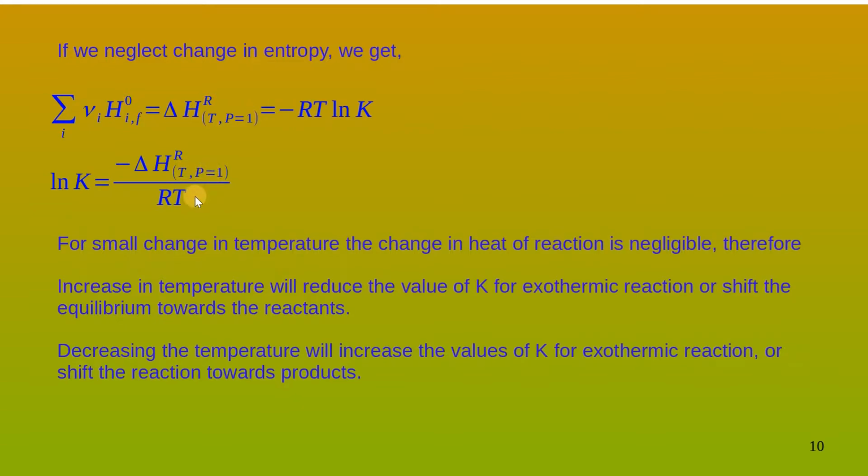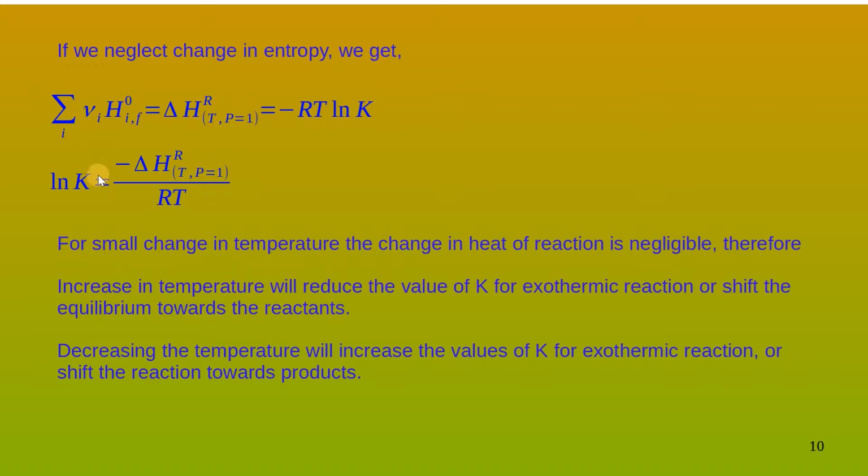Therefore, now if we increase the temperature in this reaction, and if we take the example of an exothermic reaction, so for an exothermic reaction, delta HR is negative, and minus a negative number for delta HR becomes positive. This entire quantity on the numerator becomes a positive number. A positive number divided by R gives you a positive number.